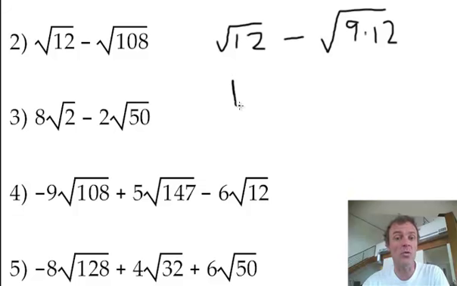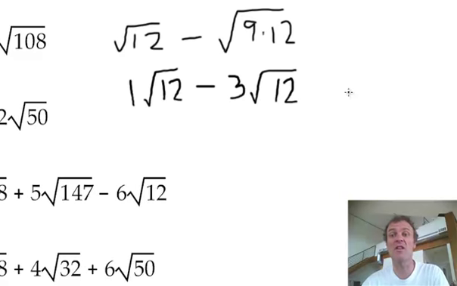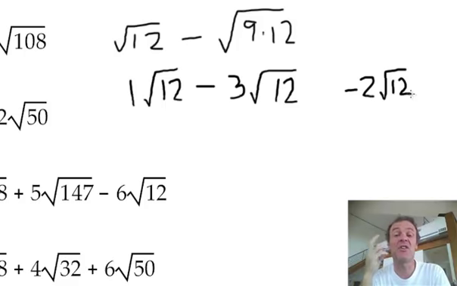Because if you think of this as 1 root 12, that first one, okay, take away, what's the square root of 9? It's 3.